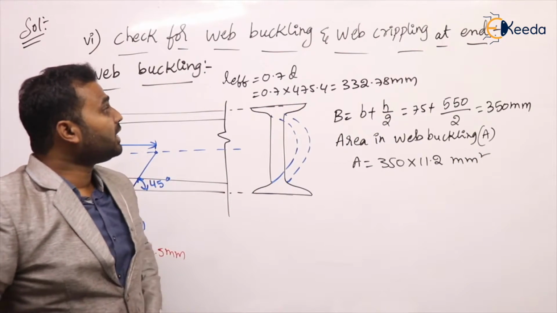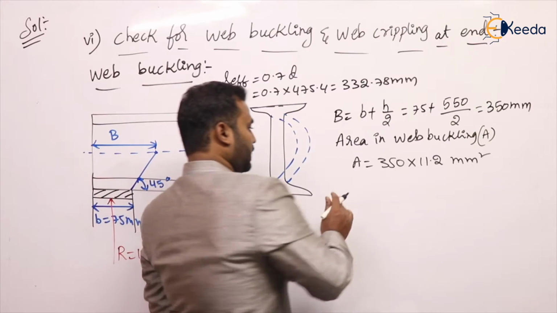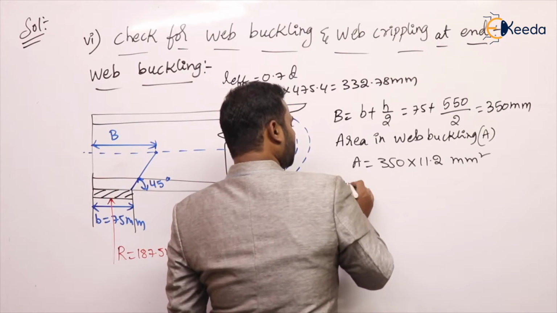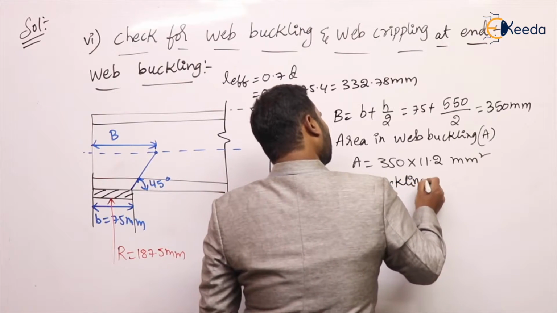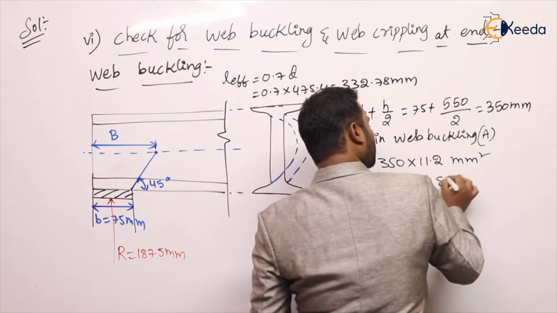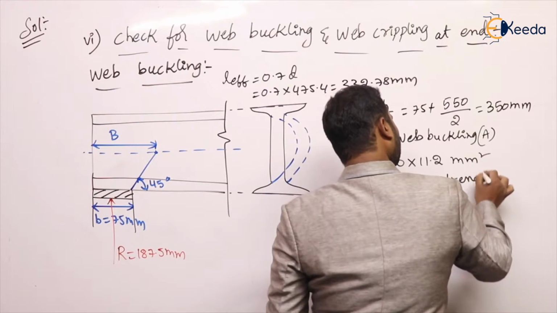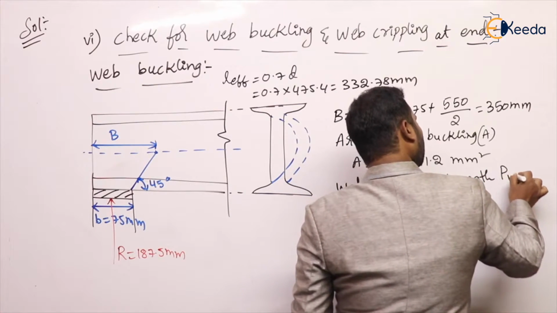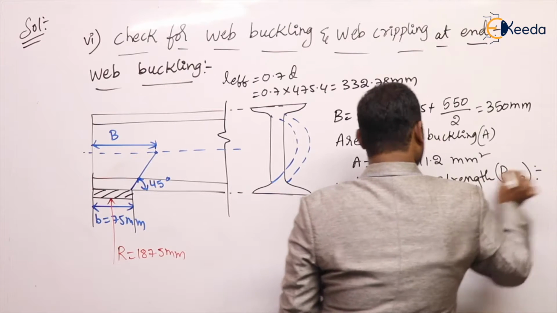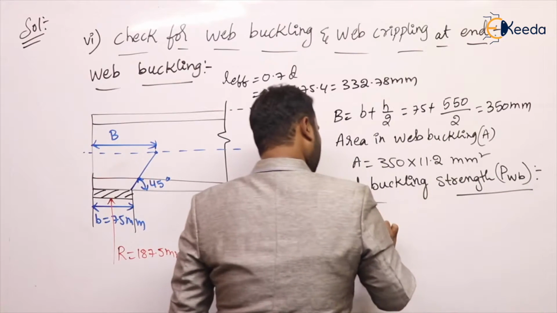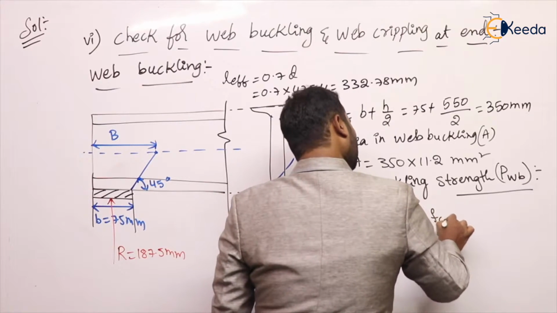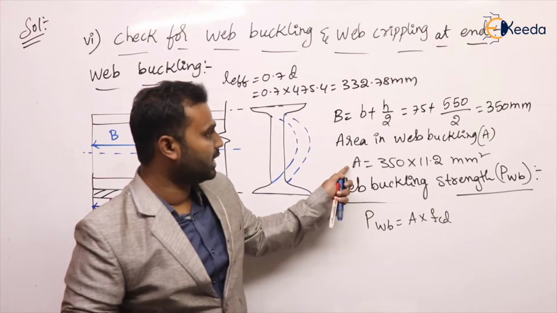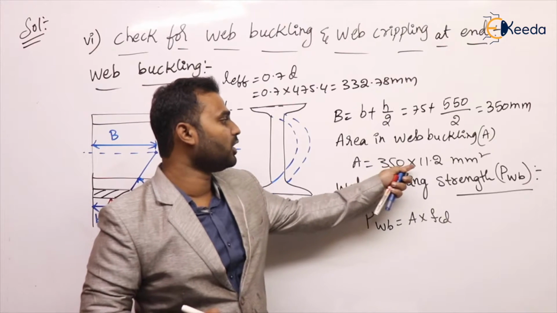And to calculate the web buckling strength, PWB, the formula is A into FCD. Just now we have calculated area in web buckling, that is 350 into 11.2.